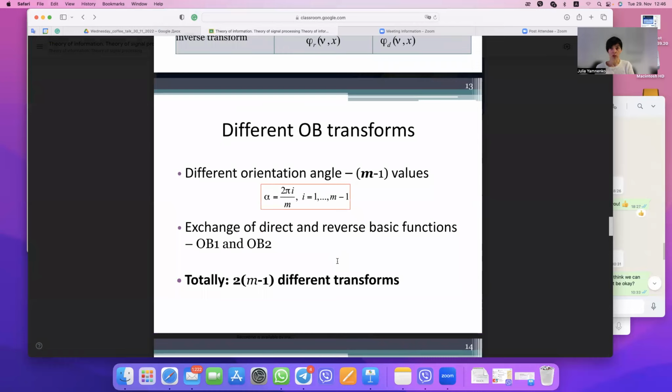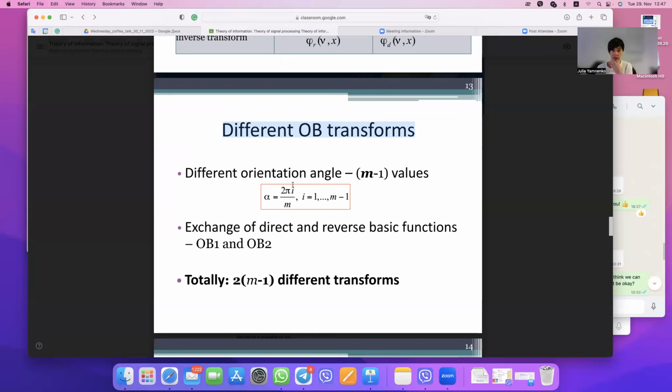Moreover, again, this is not the end. We can also create more modifications of this method. We can create different OB transforms because, as you know, this method is an oriented method. So we use an additional axis that is traced under some angle, not 45 degrees, but some angle alpha.